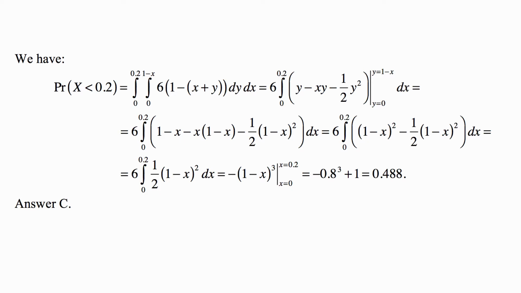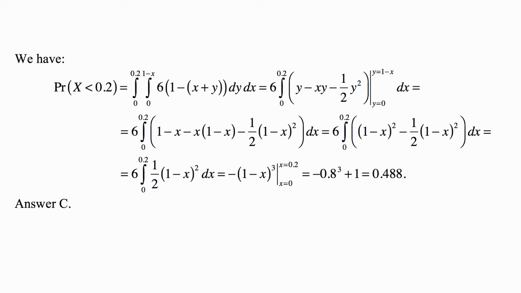The whole thing simplifies to 6 times the integral from 0 to 0.2 of 1/2 of (1 minus x) squared dx, and 6 times 1/2 is 3. So we can just put that 3 there and realize that if we have (1 minus x) cubed, then when you take the derivative of that, you would put 3 in front. And that 3 is already there.